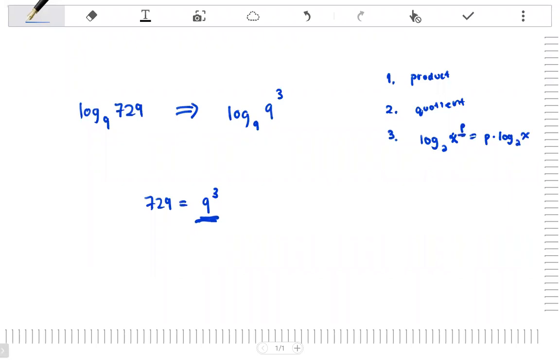So we take this exponent and bring it out front. In this case, we can take 3 and bring it out front. So it's 3 times log base 9 of 9. Is anyone lost so far?